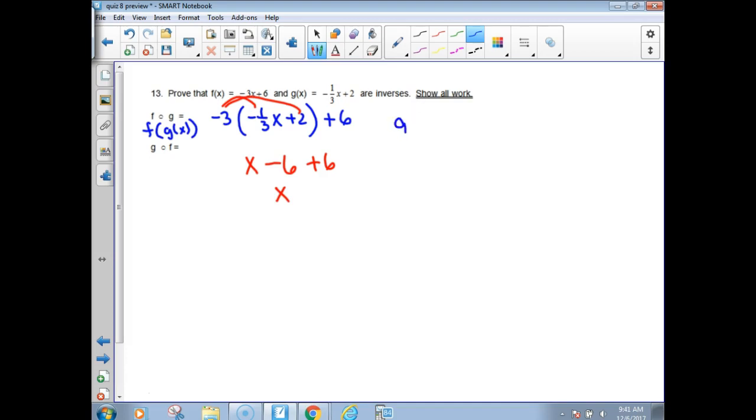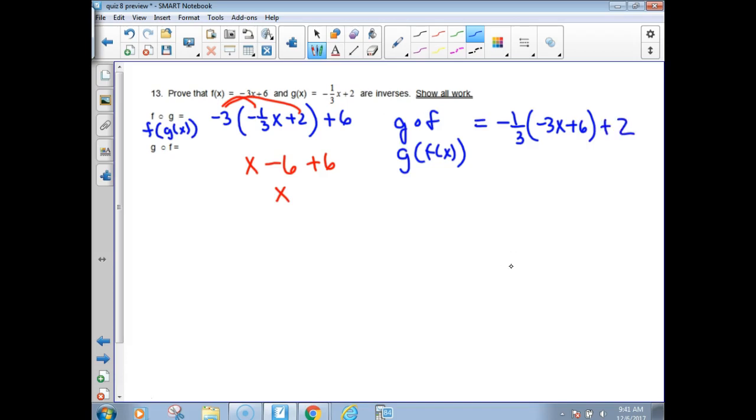Now I'm going to do the g of f, which means g of f of x, or put the f function into the g function. The g function multiplies its input by negative 1/3. The input is the f function, which is negative 3 times x plus 6. And then the g function adds on 2 afterwards.